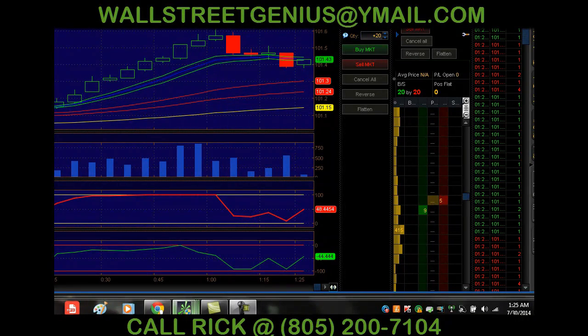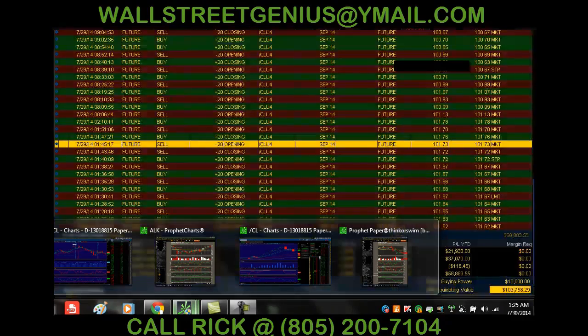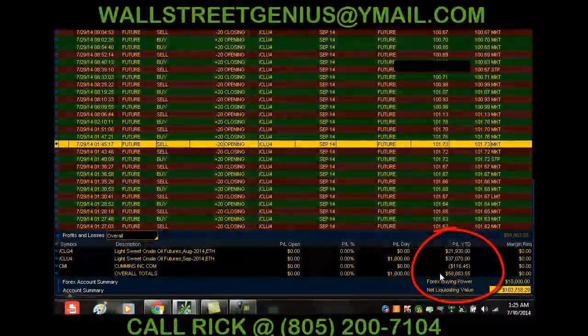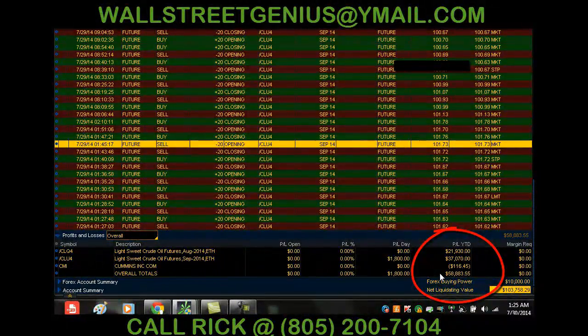By the way, just to show you real quick how much money I take from oil trading, it's right around here. This is since July 7th, so 23 days, so figure in excess of probably 19 trading days.